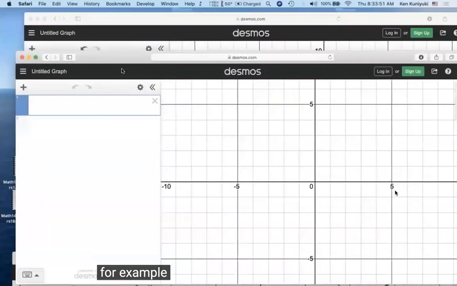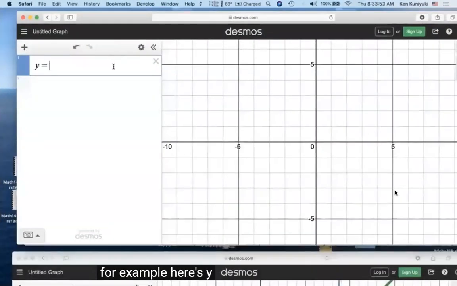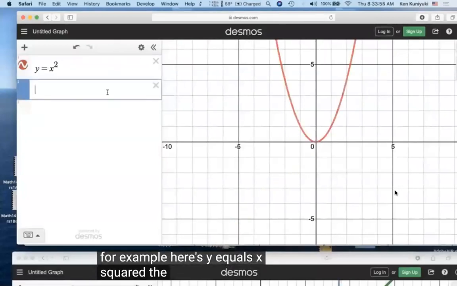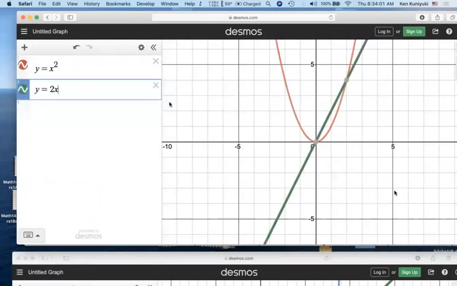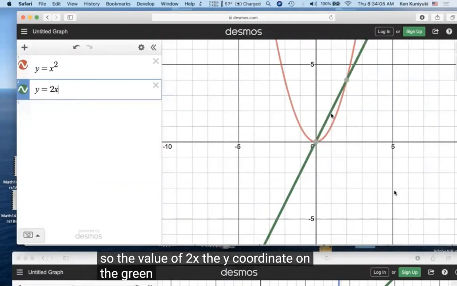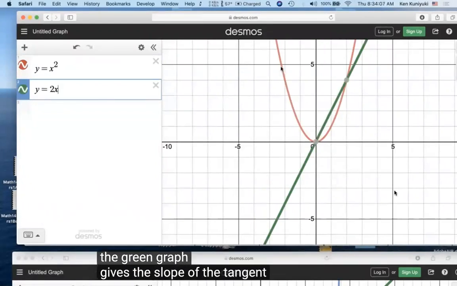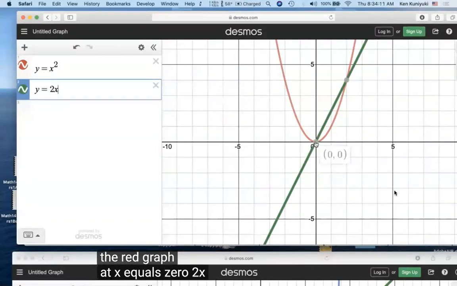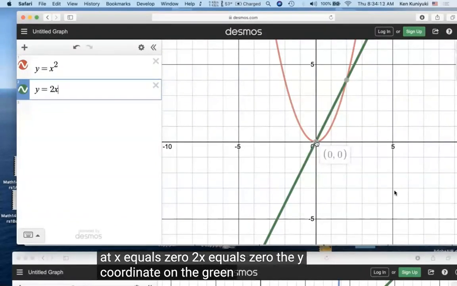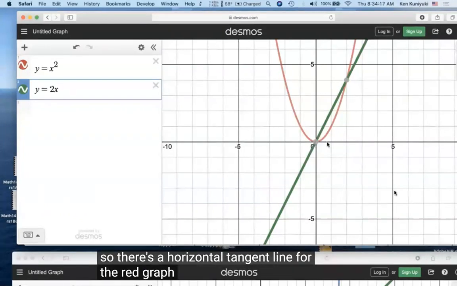For example, here's y equals x squared. The derivative function is given by y equals 2x. So the value of 2x, the y-coordinate on the green graph, gives the slope of the tangent line to the red graph. At x equals 0, 2x equals 0, the y-coordinate on the green graph is 0, so there's a horizontal tangent line for the red graph.